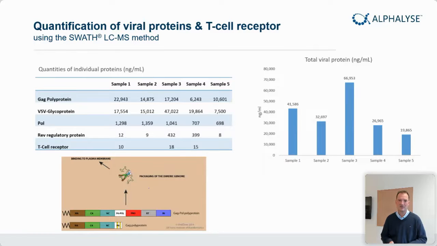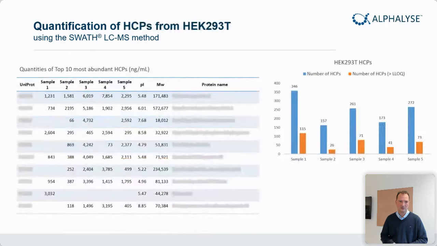So really, it gives a lot of details about the proteins in the product. We also looked at the host cell proteins from the HEK293 cells, and from the table here again, you can see a long list of different proteins in the different samples.